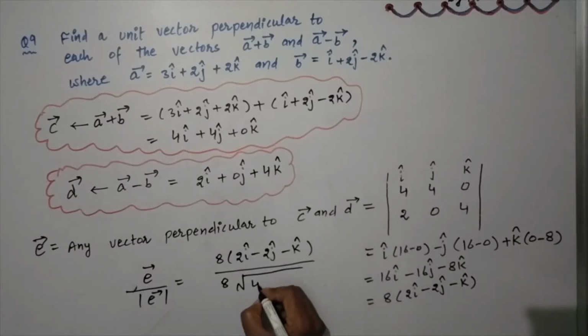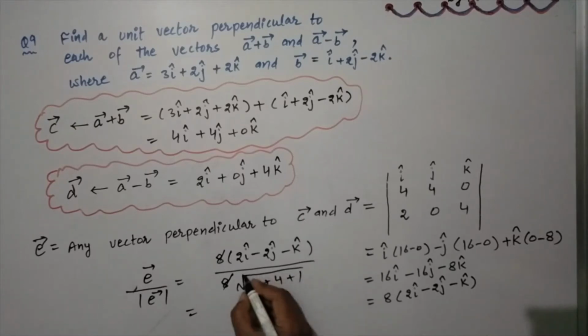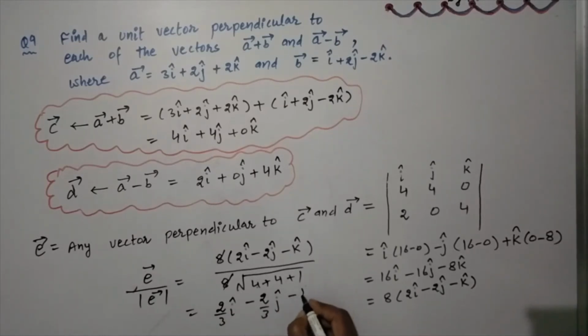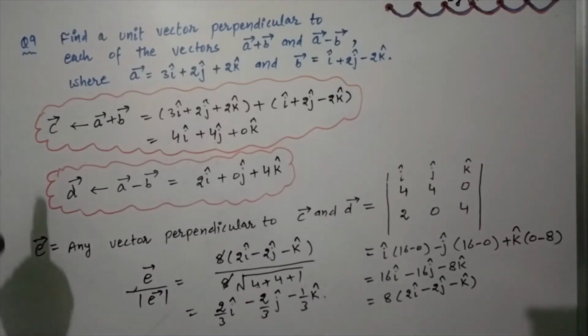Its magnitude is 8 into square root of 2 whole square is 4, minus 2 whole square is 4, plus 1 whole square is 1. 8 cancelled. So this is 4 plus 4 is 8, 8 plus 1 is 9, square root 9 is 3. So we get 2 upon 3i minus 2 upon 3j minus 1 upon 3k.